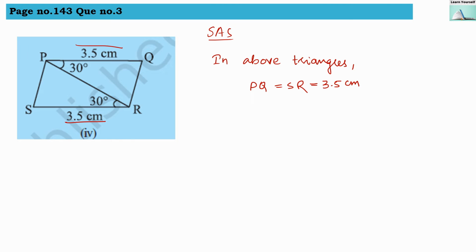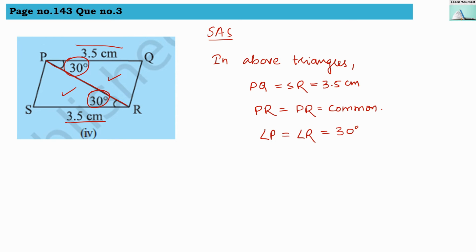Now, as we can see, this arm is common in between these two triangles. So we can write that PR is equal to PR because it is common in between two triangles. Now, we require one angle. We got two sides. So this is our angle, that angle P is equal to angle R and they both are equal to 30 degree.